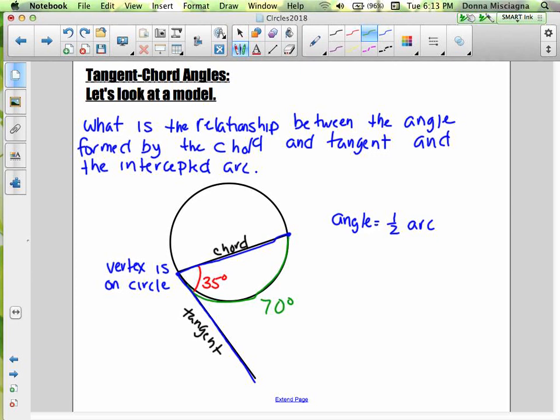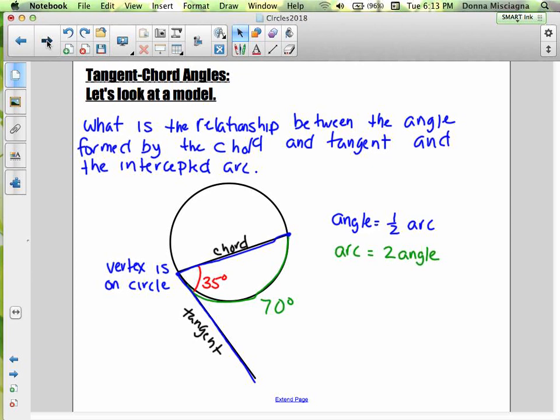I also notice that the arc is 2 times the angle because 70 is twice 35. And I think we've discovered the relationship between an angle formed by a tangent and a chord and the intercepted arc.